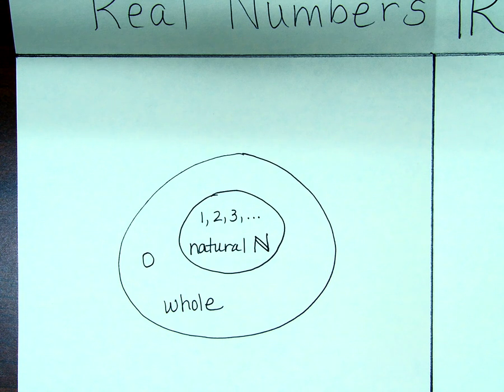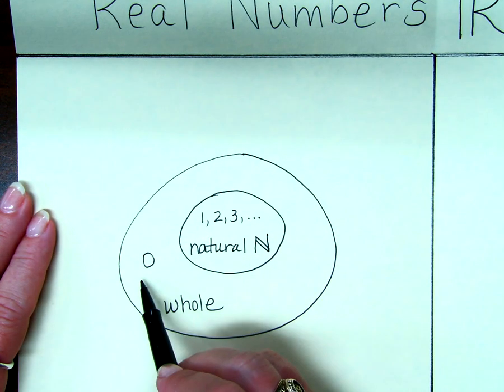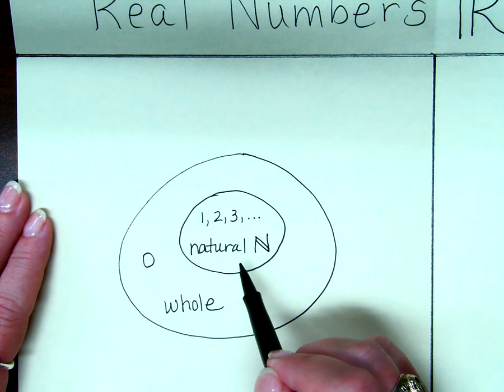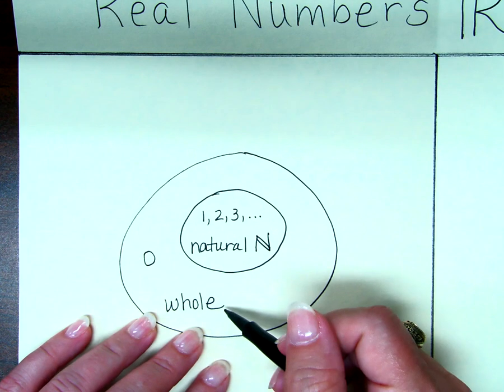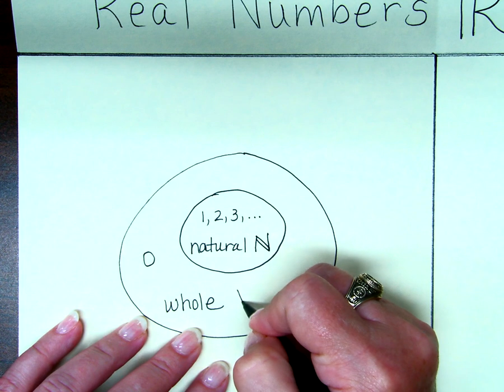Okay? So is 2 a natural number? Is 2 a whole number? Yes. Because see how it's inside of this circle? Is 0 a whole number? Is 0 a natural number? No, because it's not inside that circle. Does that make sense? What is the symbol for whole numbers? Any guesses? Yeah, fancy W.